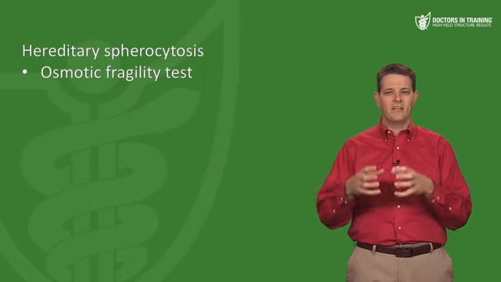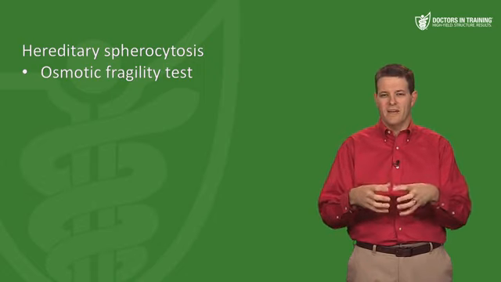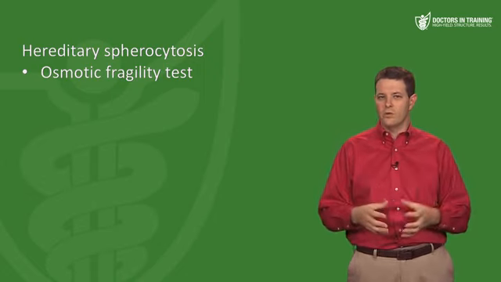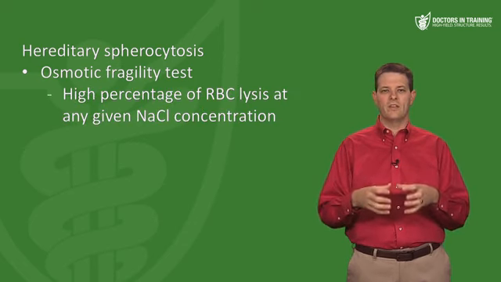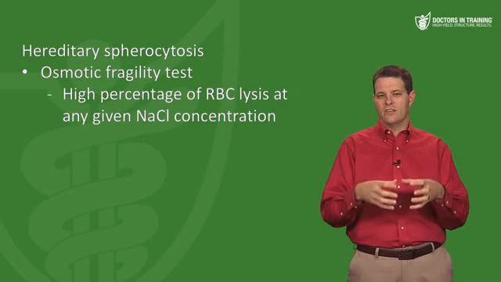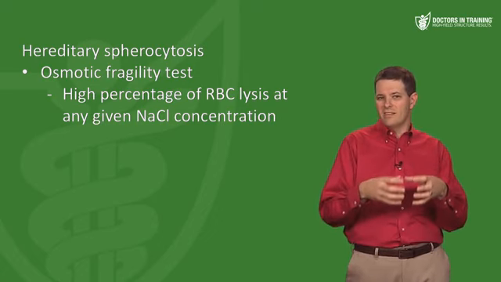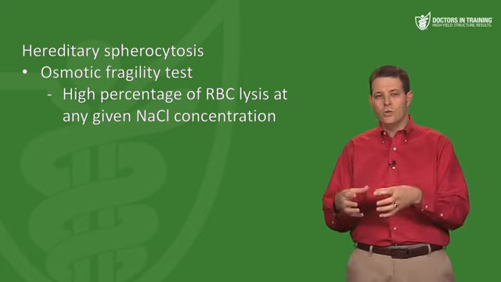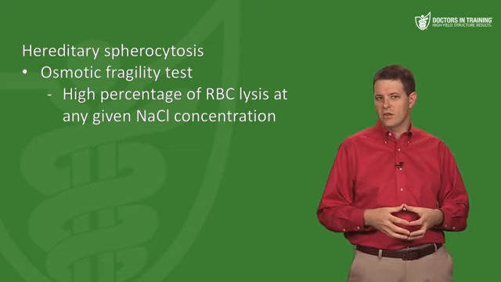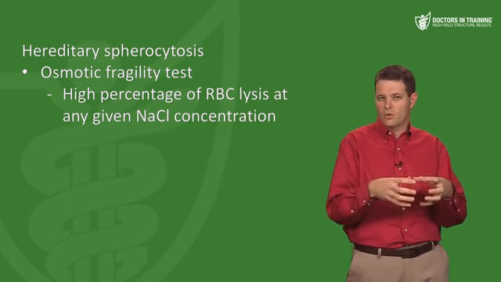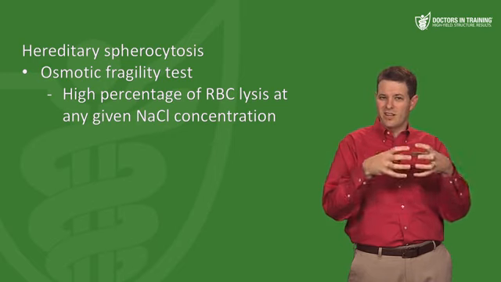So you put these cells in a hypoosmotic solution, and they lyse more readily than normal cells would. So a high percentage of red cells lyse at any given concentration of sodium chloride. Red cells that would not normally lyse at a given sodium chloride concentration do lyse in a patient with hereditary spherocytosis because that normal spectrin structural framework isn't there to keep the red blood cell intact.